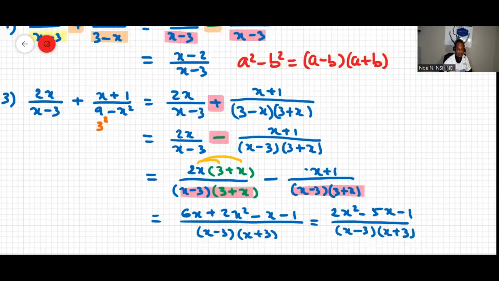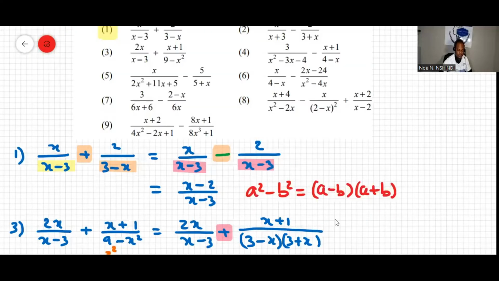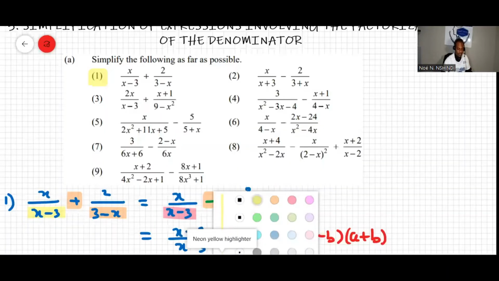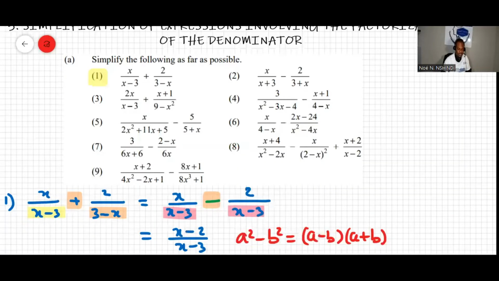Okay, that's question 3, and then we can see the next question. We did this question 3. The next question is not a similar question, but I can take either 4 or 5. Let's take 4.